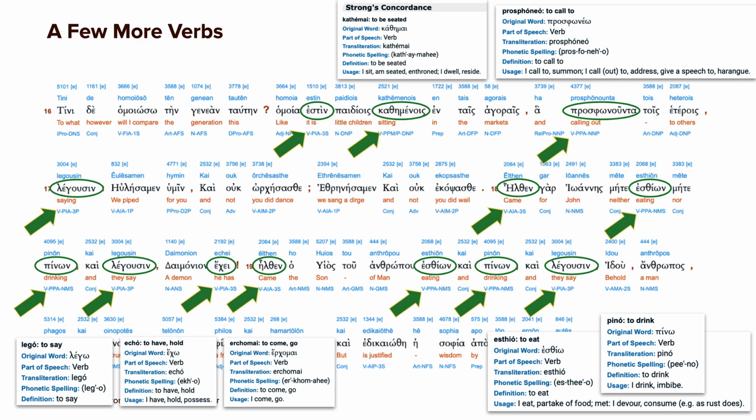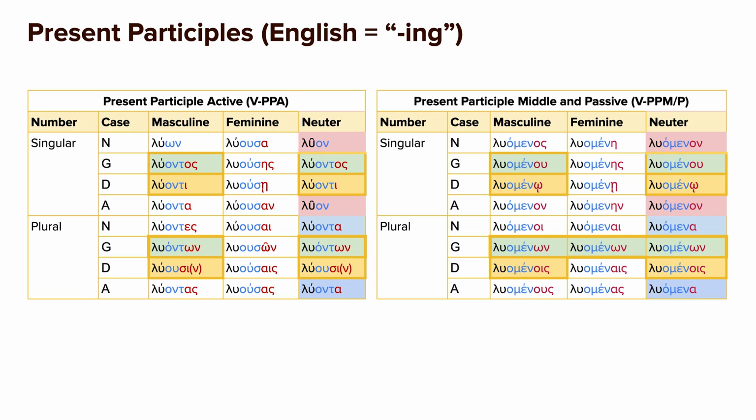All right, so let's go ahead and look at this one last time just to remind you of this ending: on, ontas, onti, onta, ontes, onton, ousin, and the feminine and neuter forms.